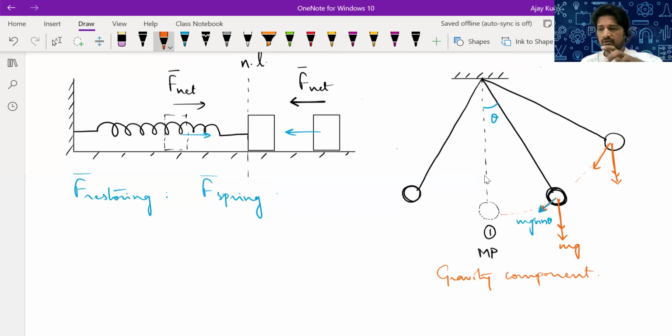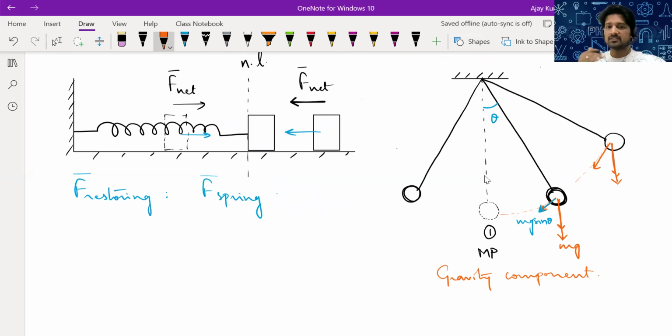So usually what happens in oscillating systems, the restoring force that is there will not be constant. It will not be uniform. It won't be the same everywhere. The further the system goes away from the mean position, the stronger the restoring force will be. I'm not saying this is compulsory, but in most cases it will be like this. Restoring forces are non-uniform.